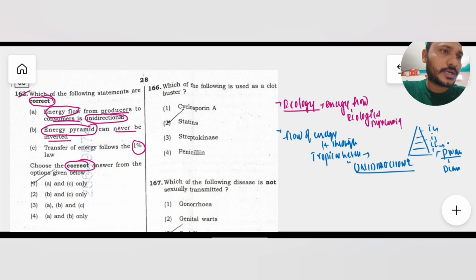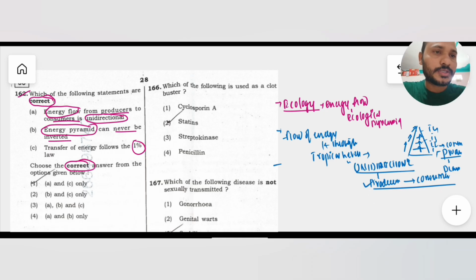In the next trophic levels we have consumers, in different types like herbivores, carnivores, primary carnivores, secondary carnivores. So the energy flows from producers to consumers, T1 to T2, and again from T2 to T3 to T4. The energy flows only in one direction, which is called unidirectional. It flows from producers to consumers only, not from consumers back to the producers.